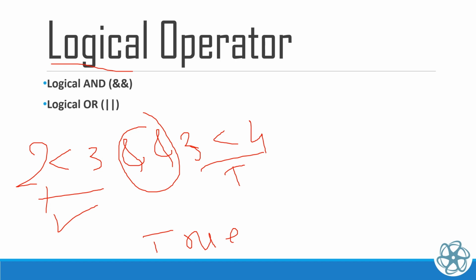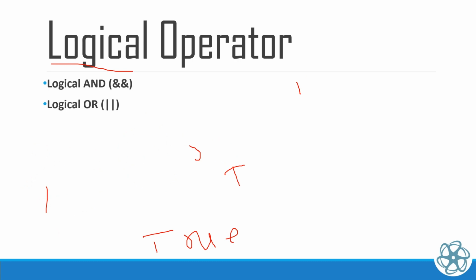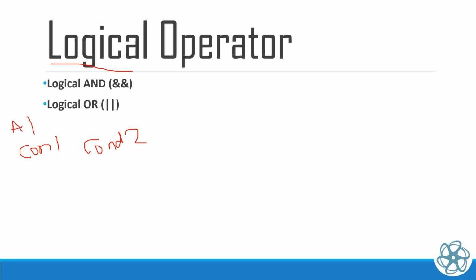It has one table. Maybe I did not write it in the PPT, so let me write here condition 1 and here condition 2. This is for and. If condition 1 is true and condition 2 is also true, then the result will be true.